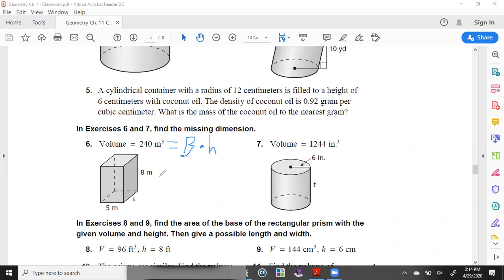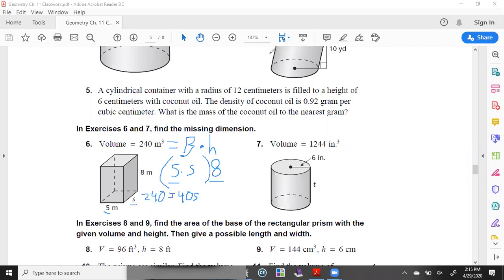Well, I can look at this and see, oh, the height is 8, and the area of the base would be 5 times S. Well, how can I solve this? Well, I could divide both sides by 8 and then divide both sides by 5, or maybe I could multiply the 5 and the 8 together. If I multiply the 5 and the 8 together, that gives me 40 times S equals 240.